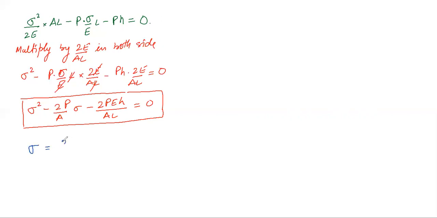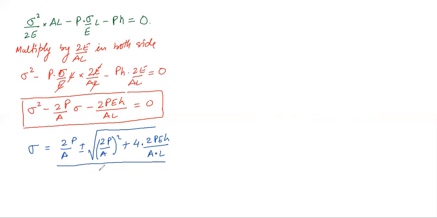So we can simply write this quadratic equation, and if you want to find the roots you can write that sigma is equal to 2P by A plus or minus under root of (2P by A) whole square plus 4 into 2PEH by A into L, upon 2 into 1, right?